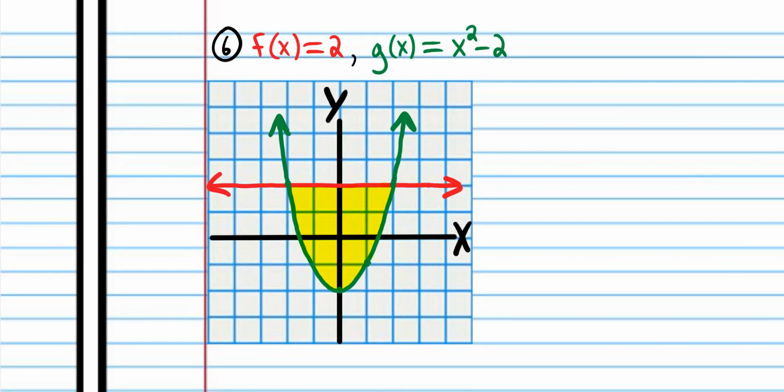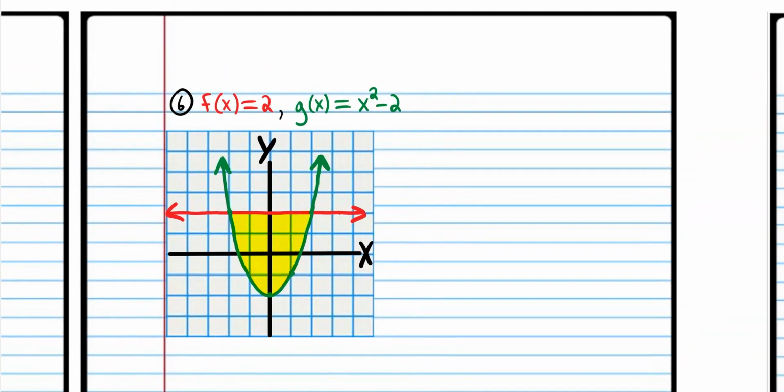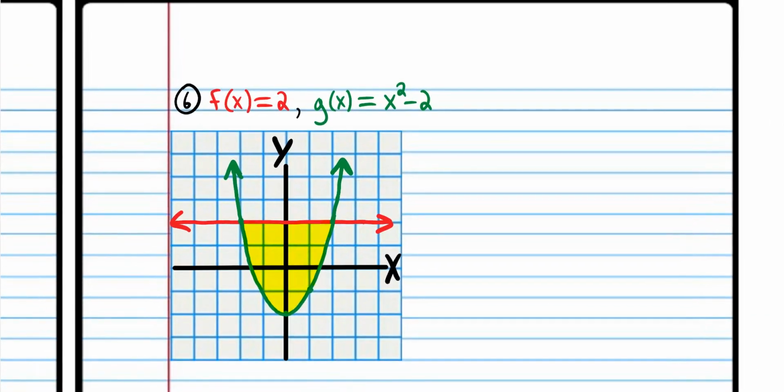We're going to integrate from x equals negative 2 to x equals positive 2. But what if you don't have this graph? In most situations, you're not going to have the graph. So we're going to have to find where the graphs intersect. So we're going to have to set the y values equal to each other and solve for the x values.